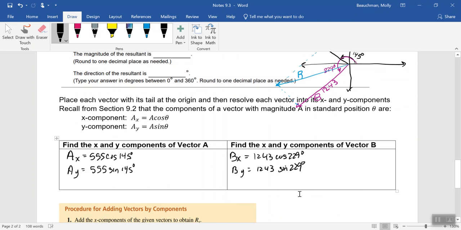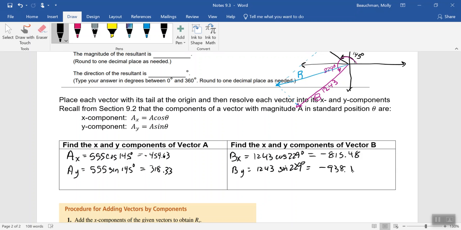All right, so if you throw those into the calculator and you round to the nearest tenth, then we end up with, for A, negative 454.63 and 318.33. For B, we get negative 815.48 and negative 938.1.